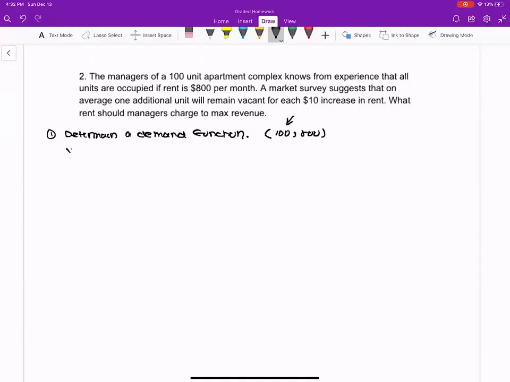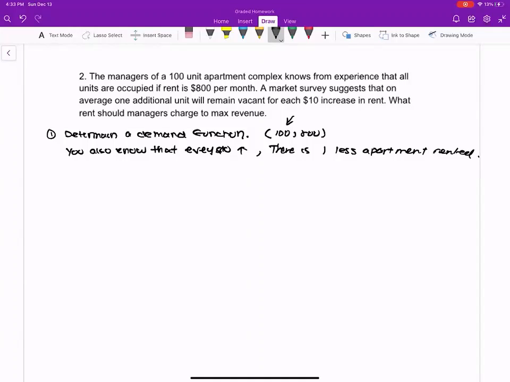You also know that for every $10 increase, there is one less apartment rented.